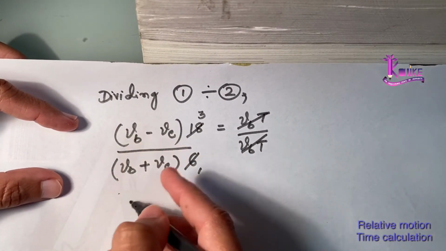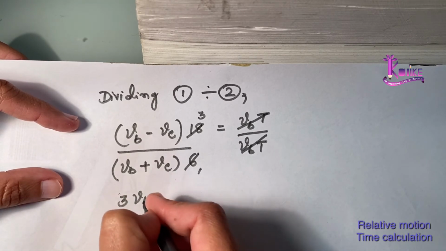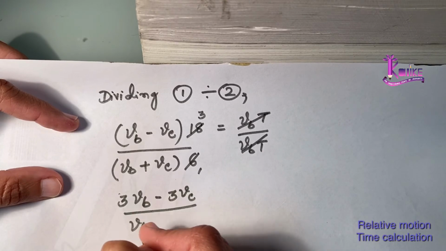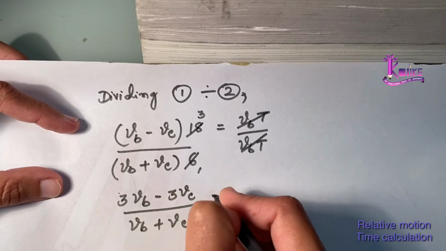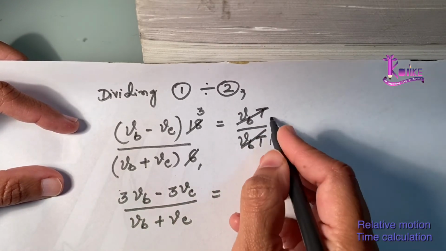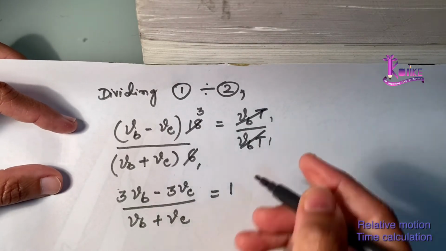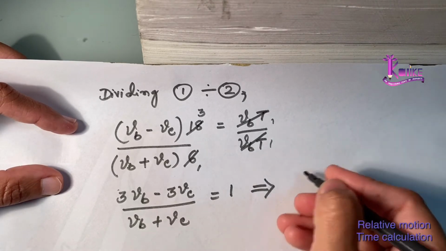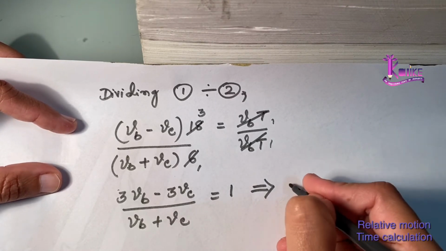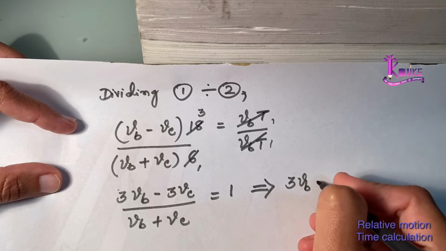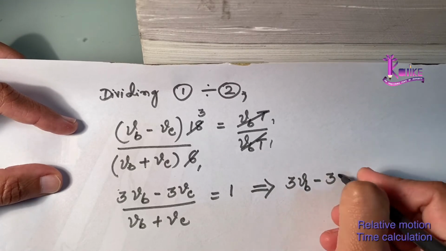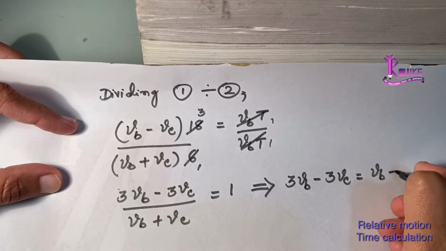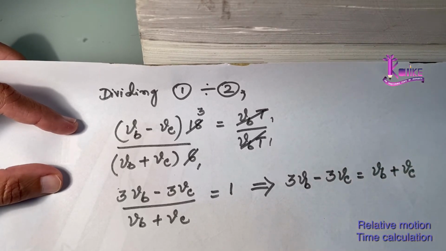Now first let us multiply it with 3. So this becomes 3VB minus 3VC whole divided by VB plus VC is equal to 1. This simply implies, if you multiply on the right hand side, you get 3VB minus 3VC is equal to VB plus VC.